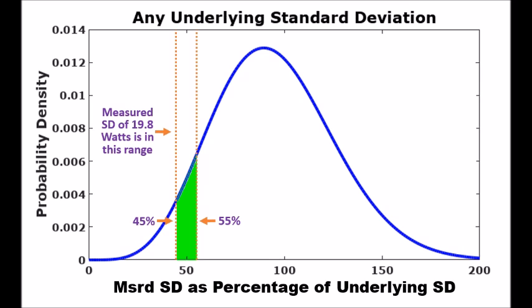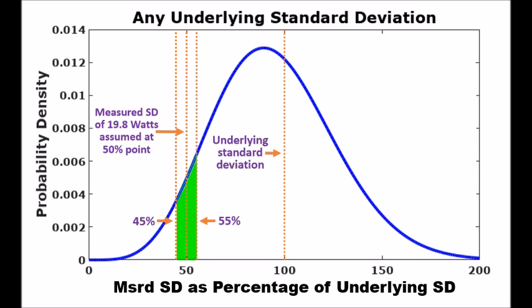Since the sage didn't tell us where our result falls within the 45 to 55% range, let's split the difference and assume that it's at the 50% point. Hopefully, you're seeing that our underlying standard deviation must equal the relative value of 100% by definition. Therefore, the underlying standard deviation will be larger than the measured standard deviation.